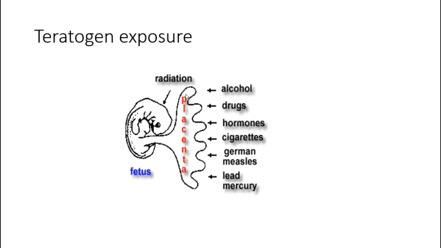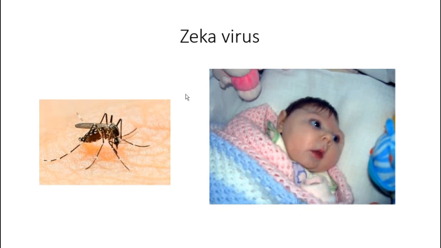Limb defects, muscle and limb defects, again a smaller head, even something as serious as blindness, seizures, and cognitive delay. You're probably all aware now, in the news is the Zika virus, and that's just kind of blasted on the scene in the last couple of weeks.